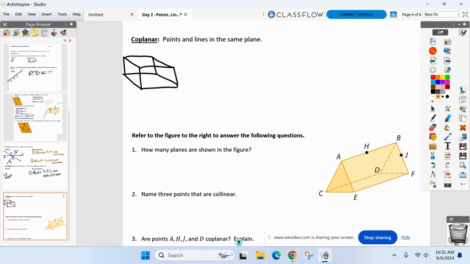And yes, we are going to label all the points on here: A, B, C, D, E, F. Not bad, cubes, not bad.